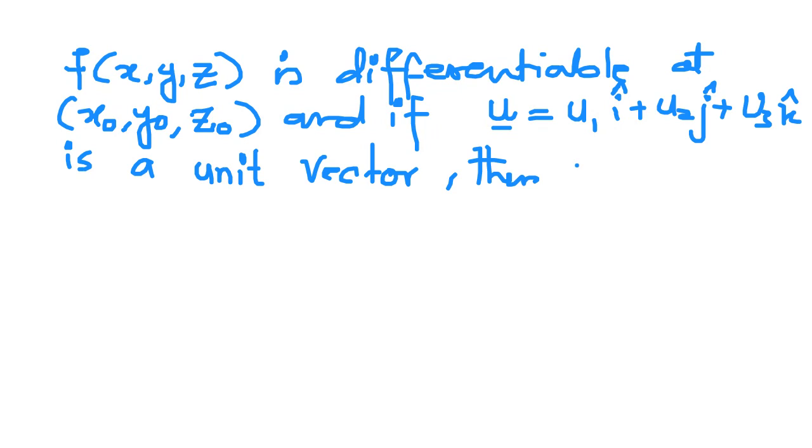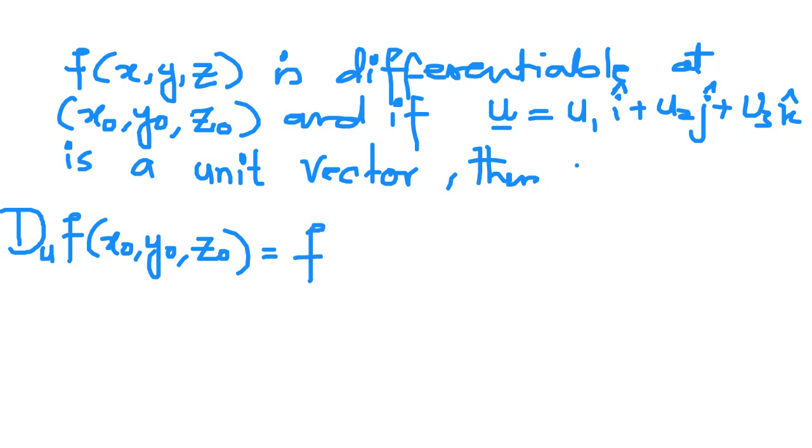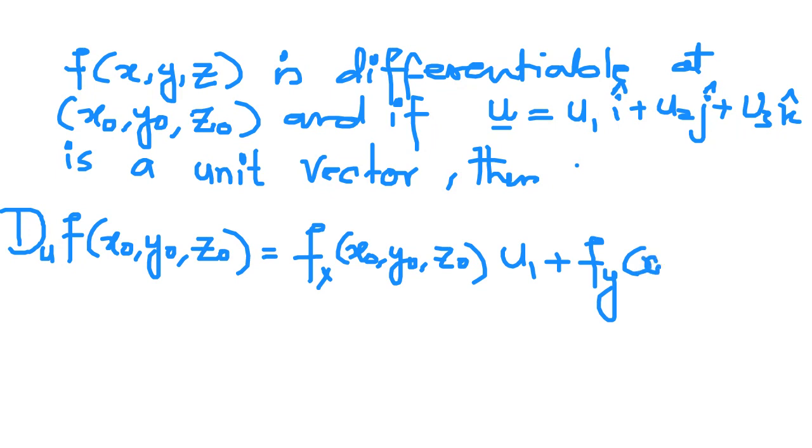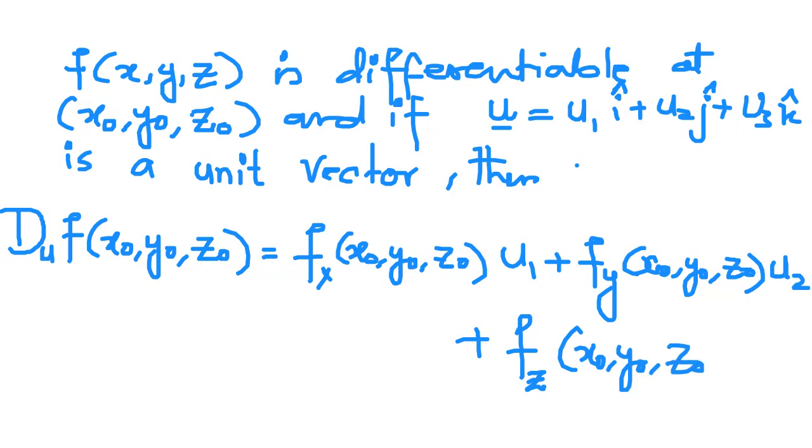then the directional derivative can be represented by Du of the function at point x naught, y naught, and z naught, which is equal to the partial derivative of the function with respect to x at point x naught, y naught, and z naught multiplied with the first component u1, plus the partial derivative with respect to y at that point multiplied with u2, plus the partial derivative with respect to z at point x naught, y naught, and z naught multiplied with the third component.